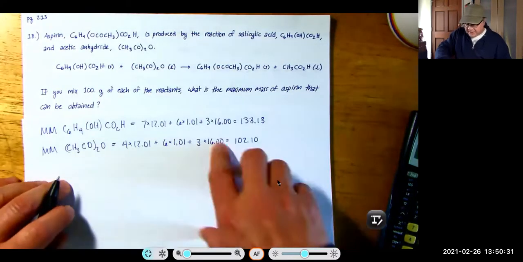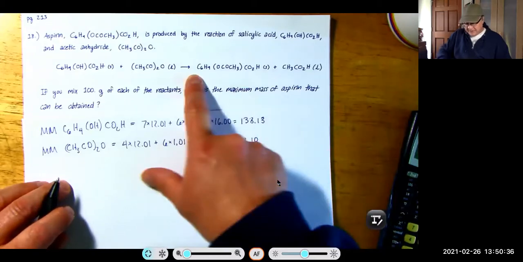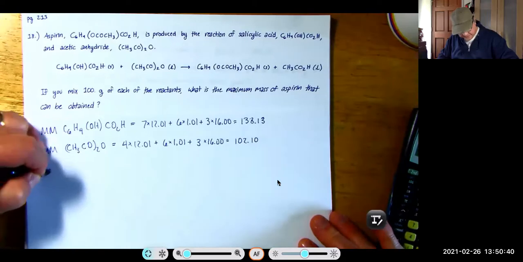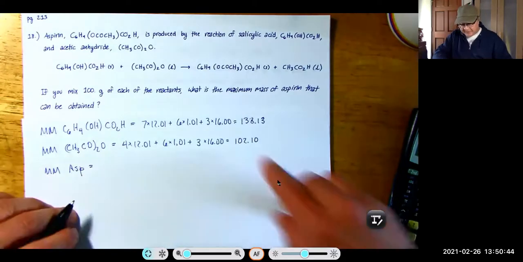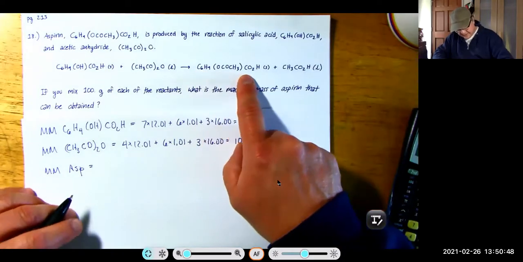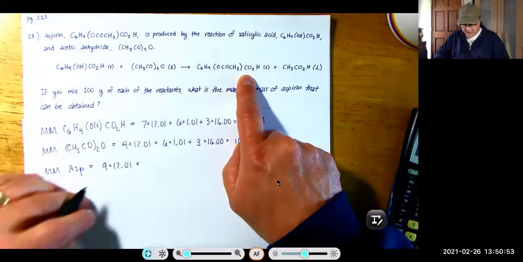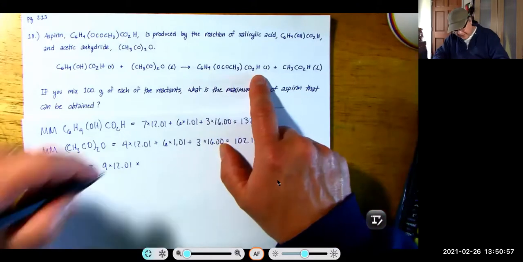And then we need the molar mass of aspirin, which is right here. So what is the molar mass of that stuff? I'm just going to put aspirin here. And we can see that we have 6 carbons here, 7, 8, 9. 9 carbons. 4 hydrogens here and 3 here for 7 and 1 more here for 8.